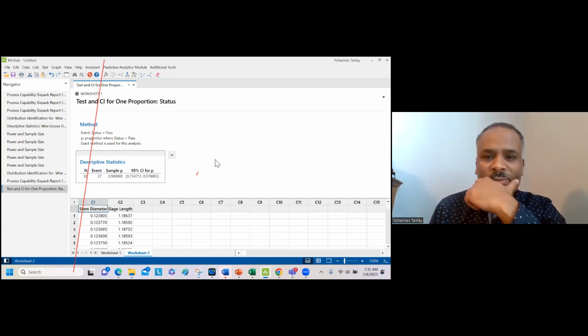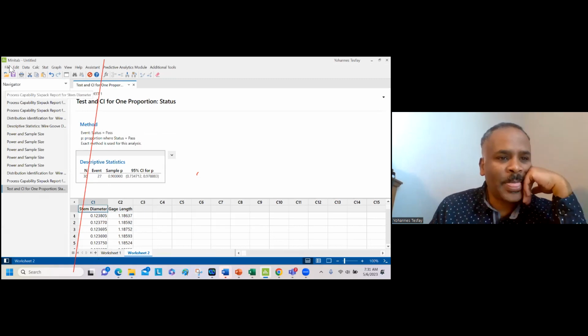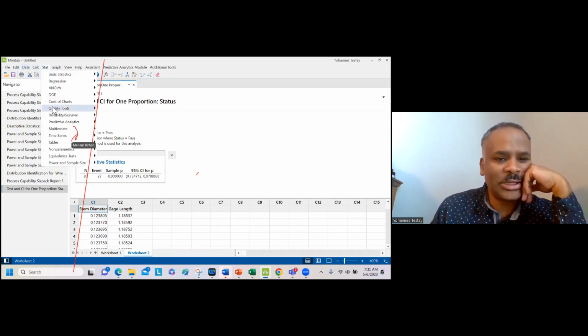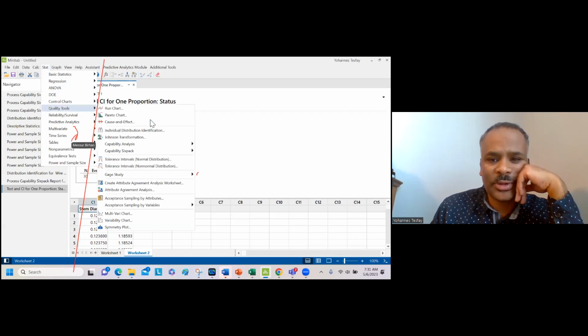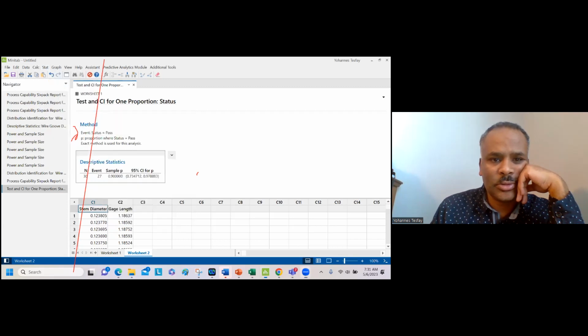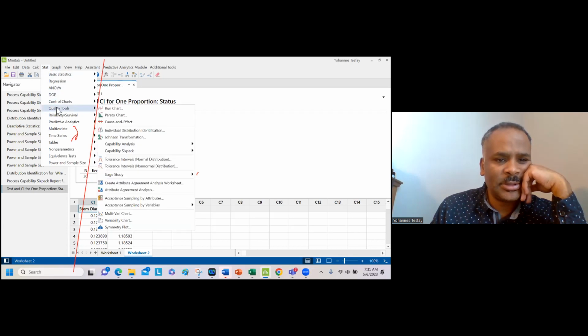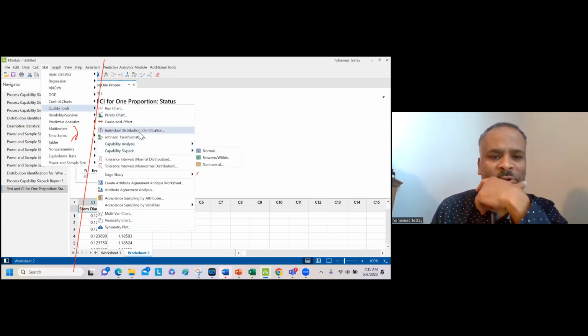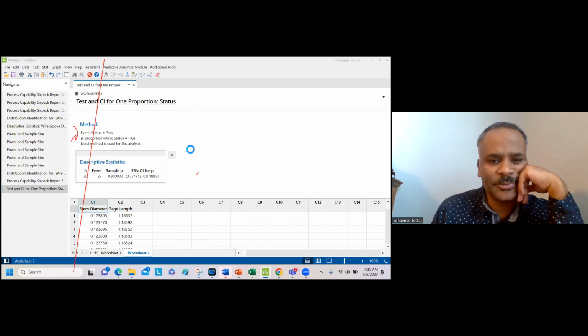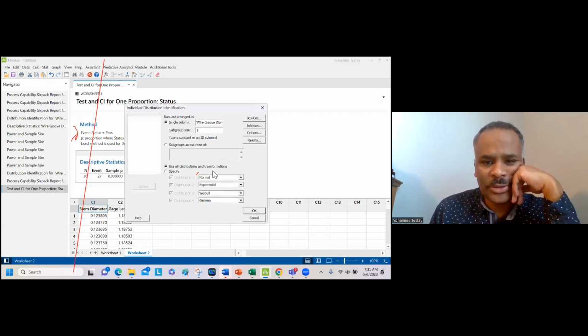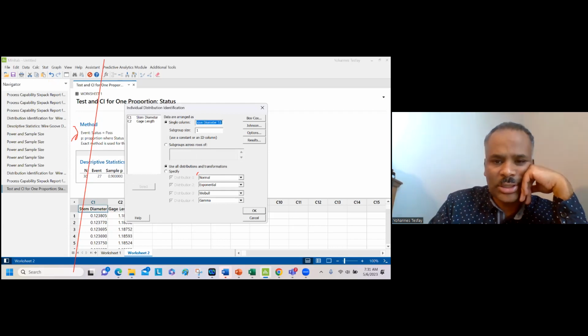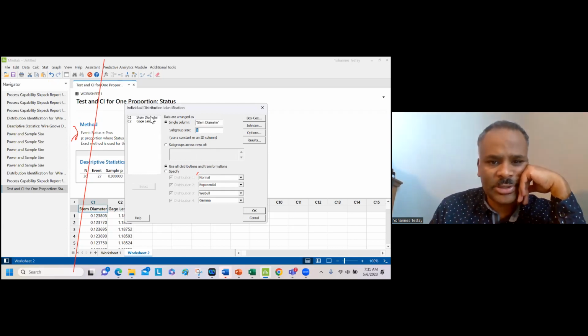Okay, so now honestly, the modern data analysis: start, go to quality tools. Okay, we'll go to start. Okay, individual identification. Then we're going to go to here, just like that, and group diameter.